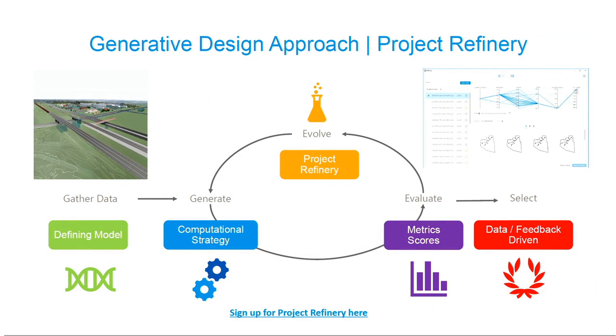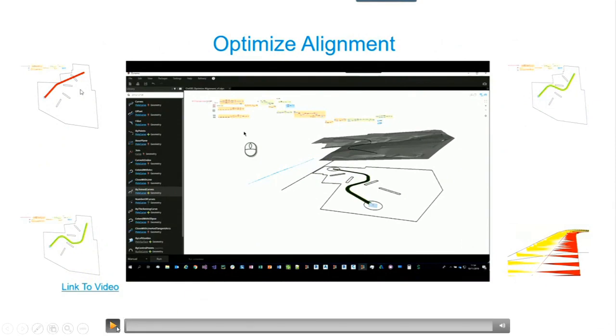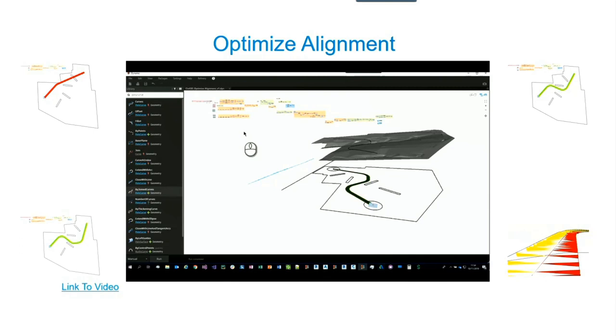Same process. How that works, we gather the data, we define the model inside Civil 3D, we push the model into a computational strategy in Dynamo, we set our parameters, etc. We push it to Project Refinery, and then we have multiple options. We evaluate, and then we finally come to the final outcome. I'm just going to show you a quick example. And again, this was also created by Paulo Serra, the same expert from Autodesk who's working on developing Dynamo for Civil 3D.